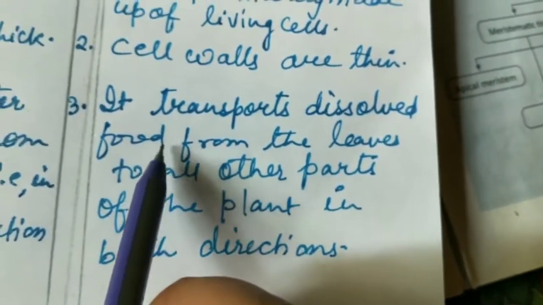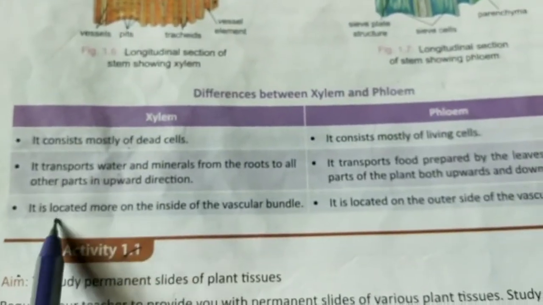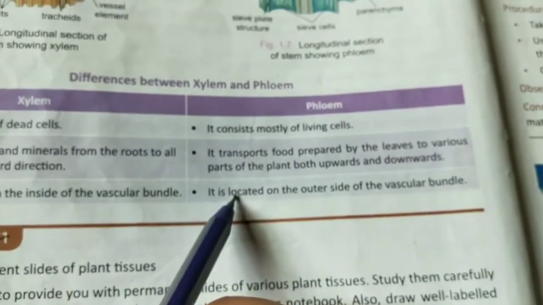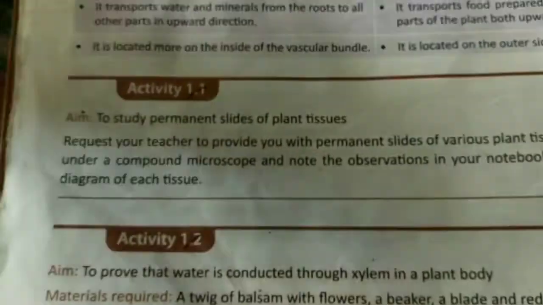So here two-way movement is there, upward also and downward also. Xylem is located more in the inside of the vascular bundle, and phloem is located on the outside of the vascular bundle.